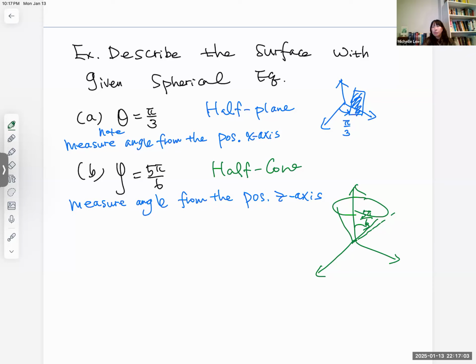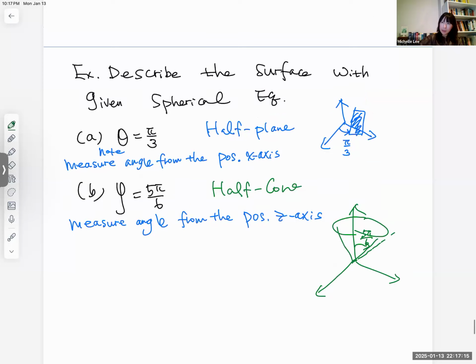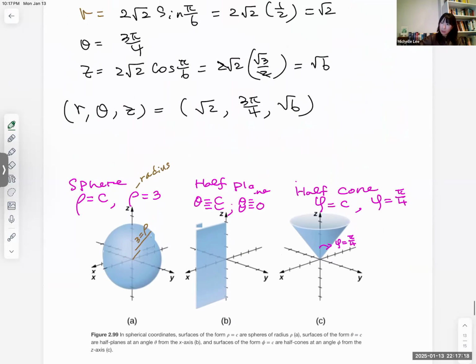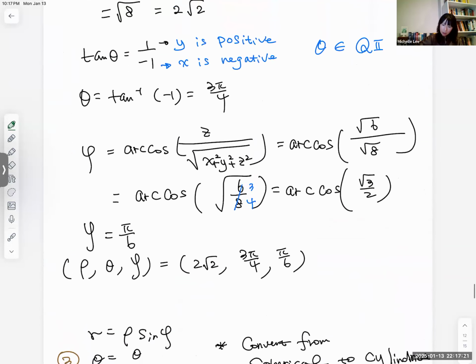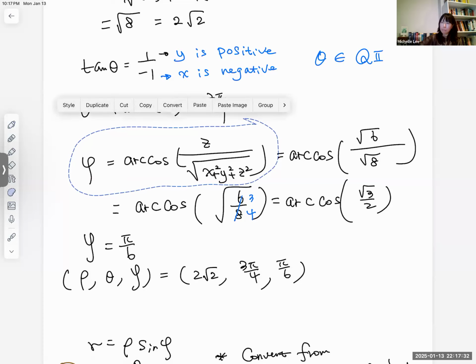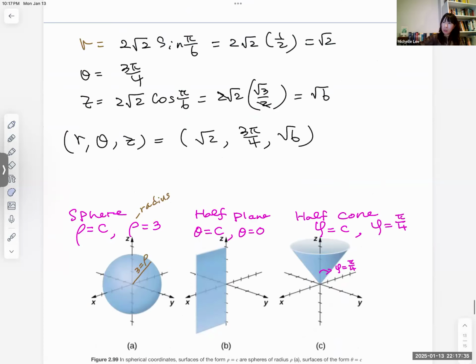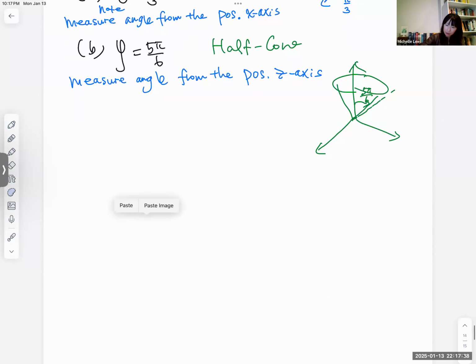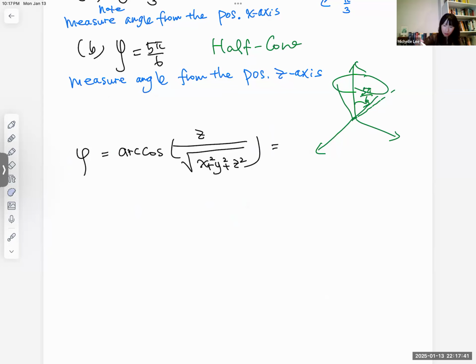Okay. I'm going to show you how to find just a rectangular equation here. Okay, phi equal to 5 pi over 6. So the formula we have: phi equal to, so let me use this one. We had the formula, phi equal to that.